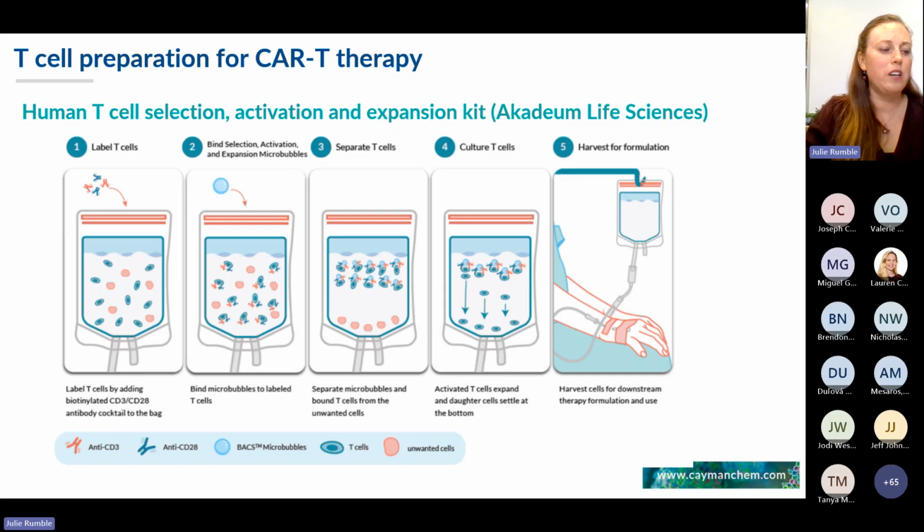These antibodies and the cells they label are captured with microbubbles that float the cells to the surface of the solution. Unwanted cells can then be removed from the bottom, and the cells and the microbubbles are cultured together. As the T cells expand, they settle to the bottom and can be collected for further therapeutic formulation.